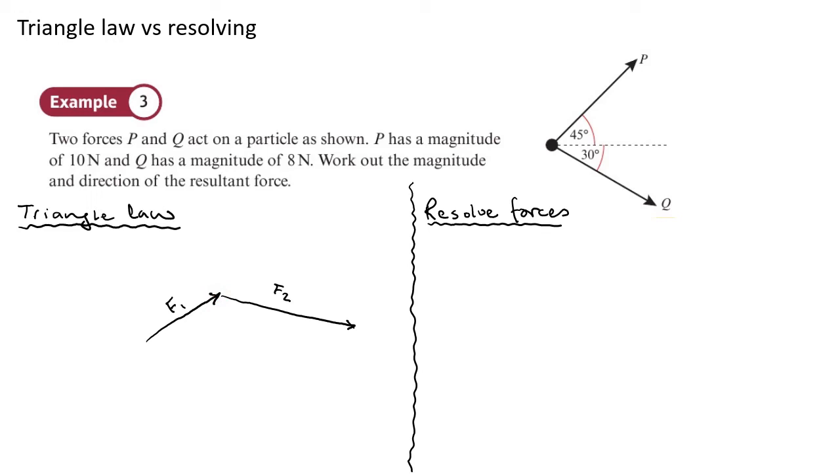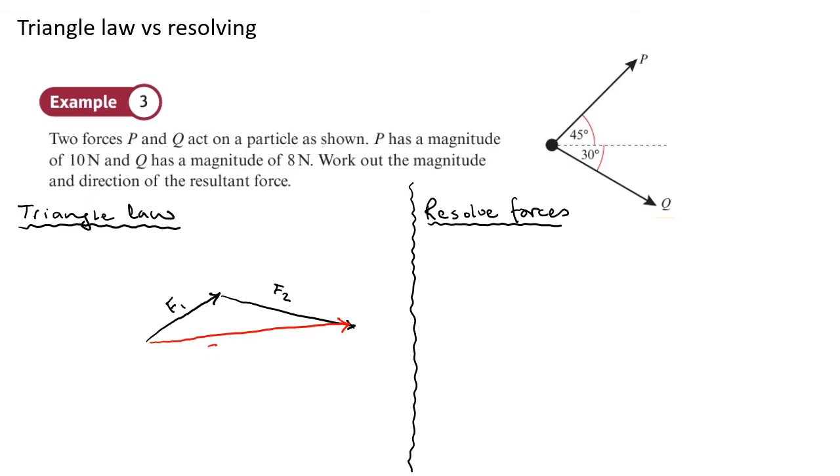Then the resultant of that force is the force that starts at the beginning of force number 1 and finishes at the end of force number 2. So that essentially is the resultant force, F1 plus F2.